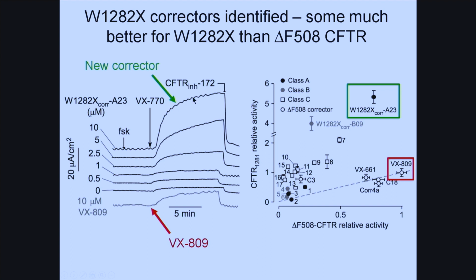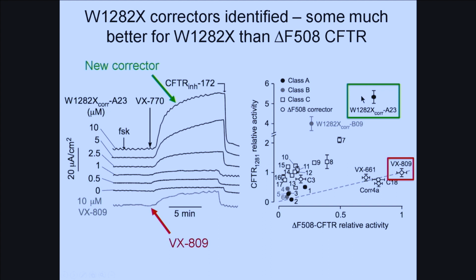And this is summarized on the right. On the y-axis is the relative activity for the 1282X. On the bottom axis is the relative activity for delta F508, defined as 1 and 1 for Vertex 809. The assay produced multiple compounds that work very well for 1282X, and they work less well for delta F508 CFTR. But at least there are correctors that appear to work very well.